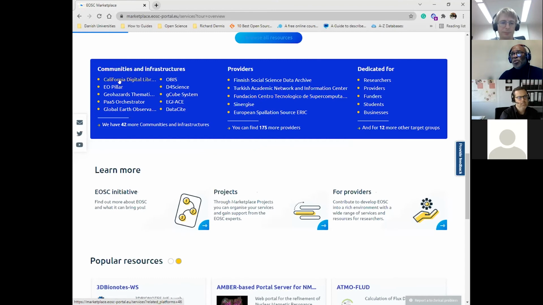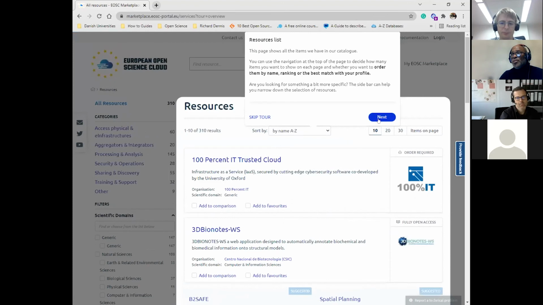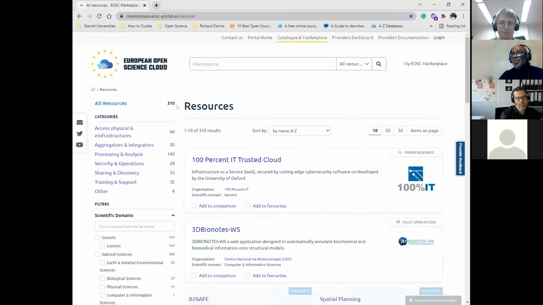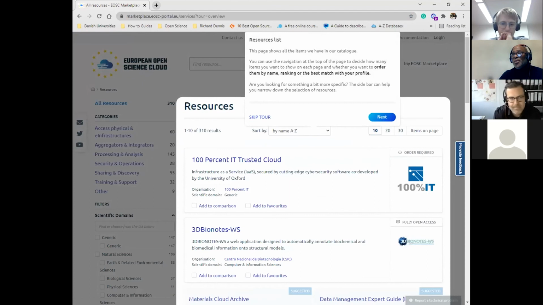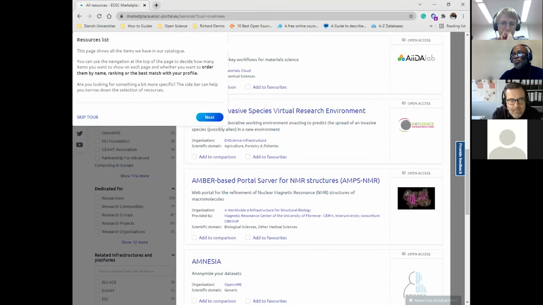So here are the different communities, different providers, and all of the resources, from the accounting framework, open data platforms, to some portal services.